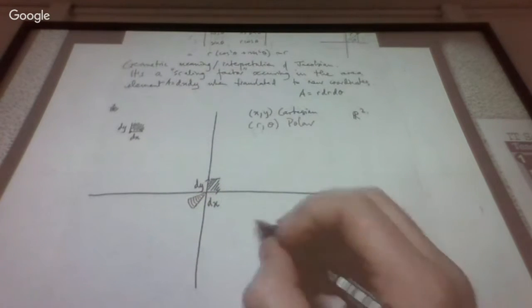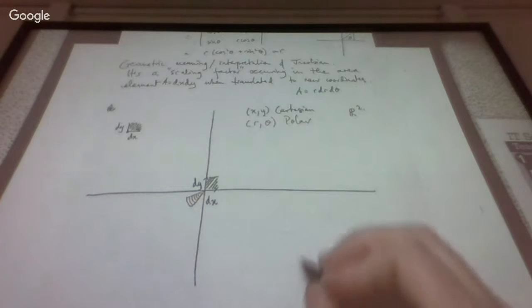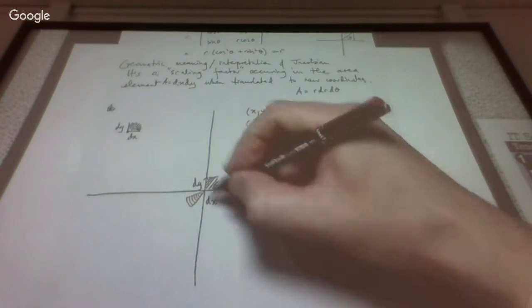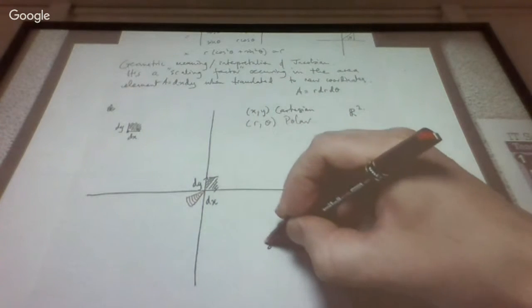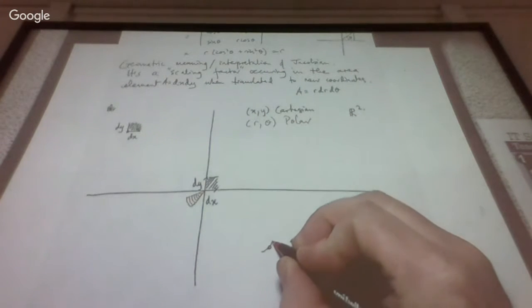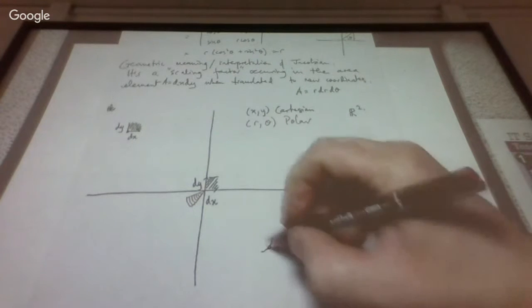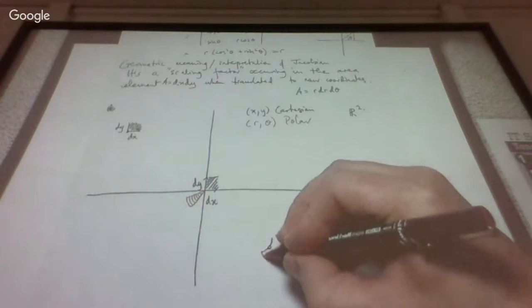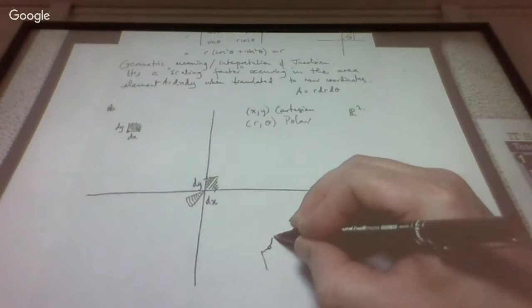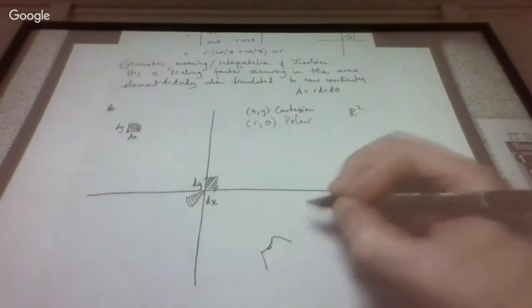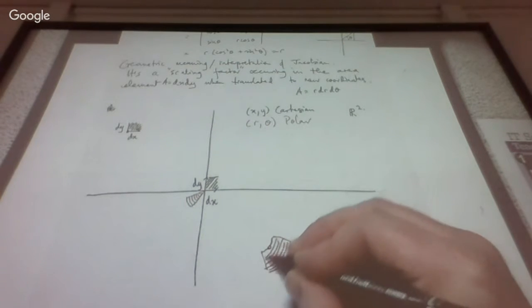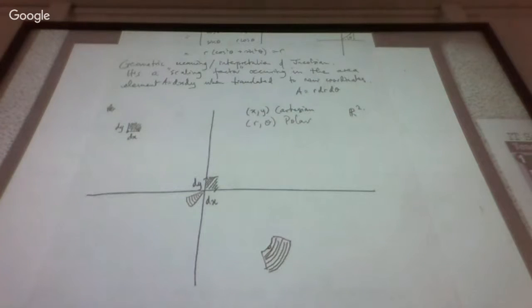However, if you started off, say, at some value down here, and you change the angle by a little bit, that would move you on an arc here. You change the radius by the same amount. So the increase in radius is going to be the same, roughly. So this area here is the same change.